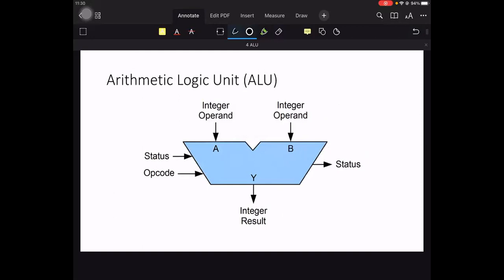So mga status inputs and status output na sila. But ang main na concern, at least as of today's discussion, is the operands and the opcode, no?